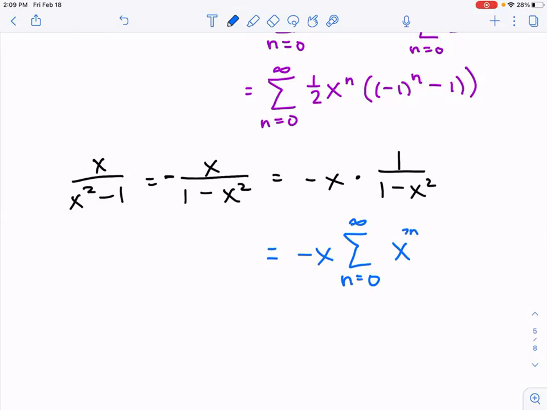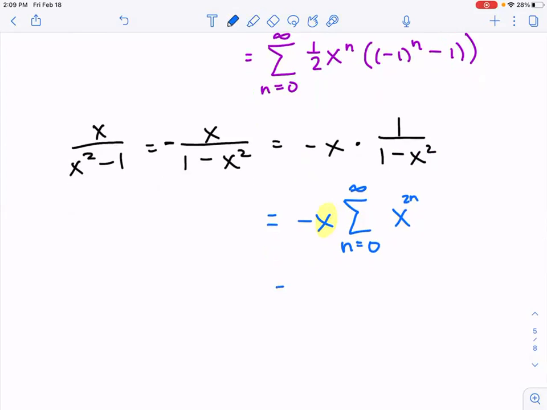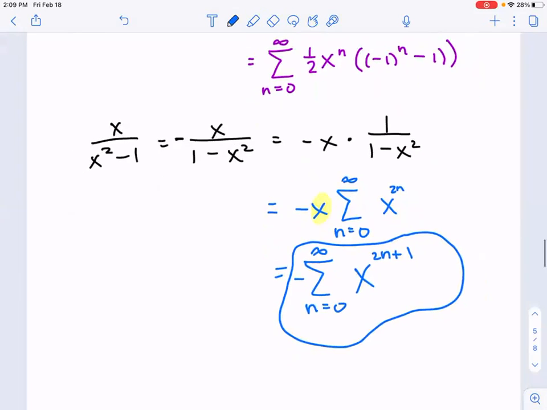Oh no, x to the 2n. Why is it x to the 2n? Because it's x squared to the n, right? Now, do you see this guy right here? This is x to the first power. Do you agree? So x to the first power times x to the 2n power gets us this. Way better than partial fraction decomposition.